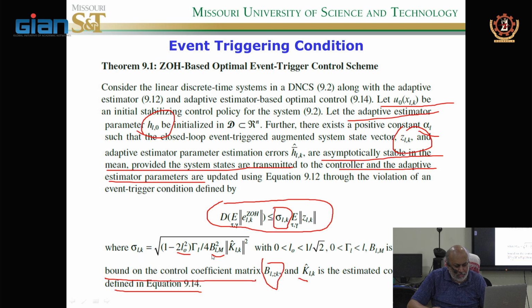So this form of event trigger condition is derived by using Lyapunov stability. So that's why we call that performance based. So if you have done the math correctly, you cannot miss it. Got it? Any other questions?